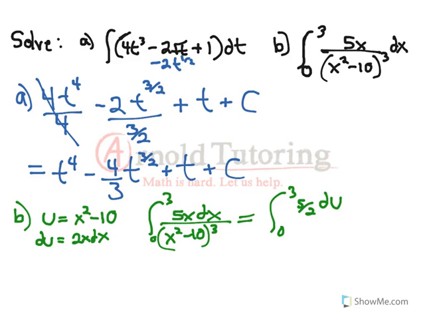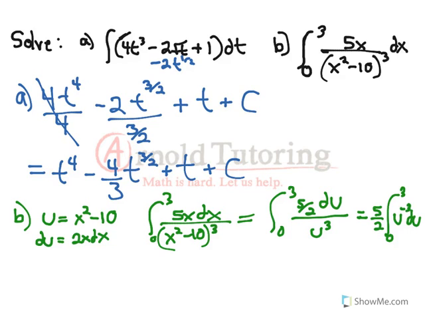Right, because your 2's would cancel and you'd be left with 5x dx over u cubed, which is the same as the 5 over 2 can just come out front. 0 to 3 of u to the power of negative 3 du.